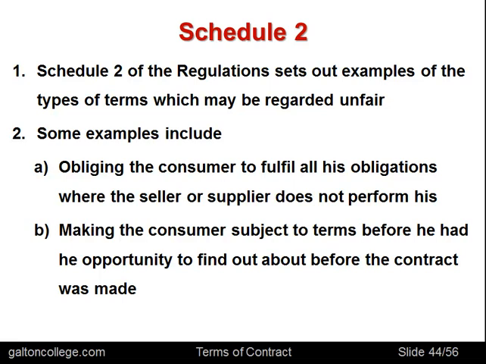The contract comes into force on a certain date, but the contract said that the parties to the contract were bound by the contract before it came into existence formally. That would be clearly unfair because the contract didn't exist then. So there's a long list of issues associated with fairness.